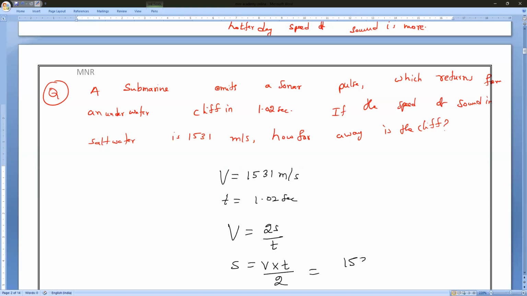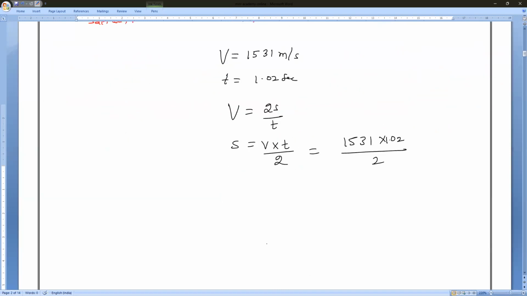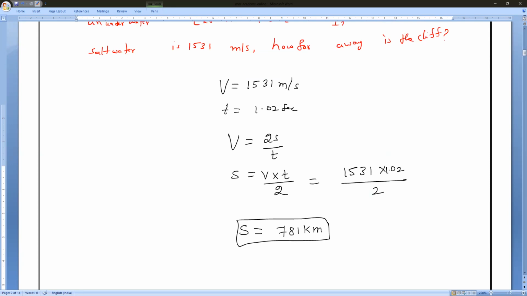So v is 1531 into time 1.02 divided by 2. Solve this and you'll get the answer. The distance is approximately 781. Is it in kilometers? Kilometers or meters? Meter per second only. So meters.